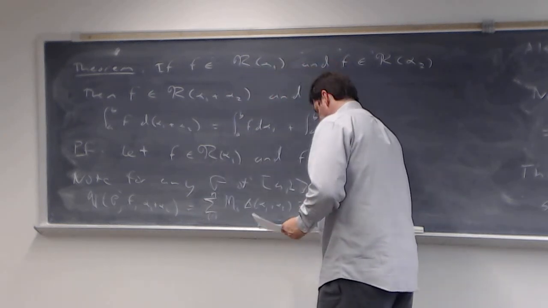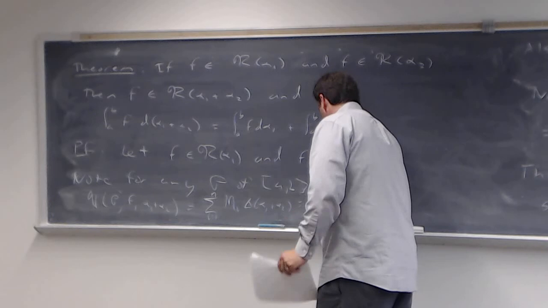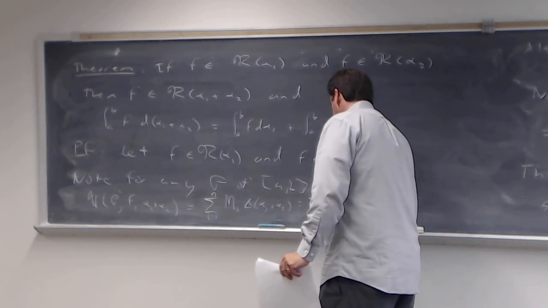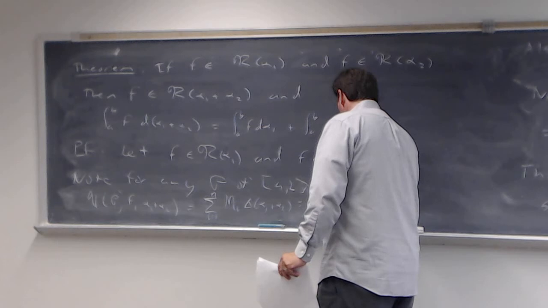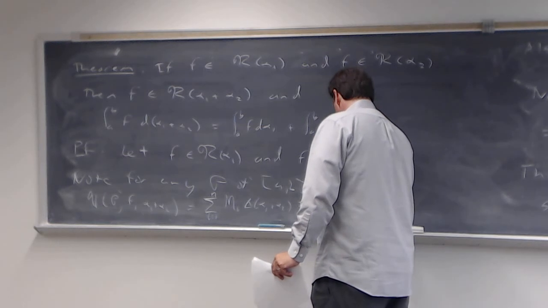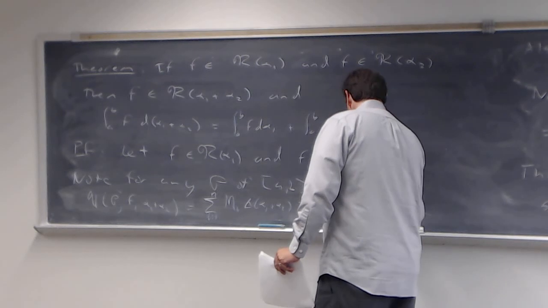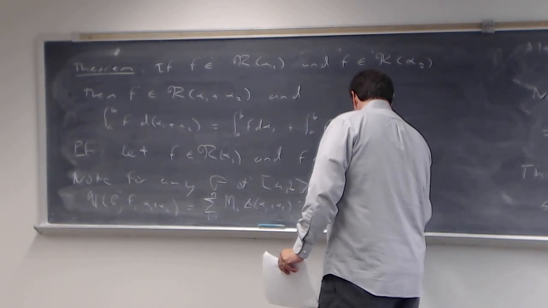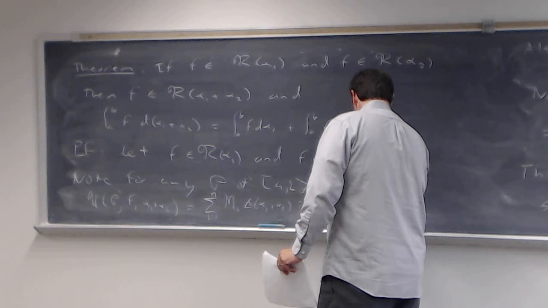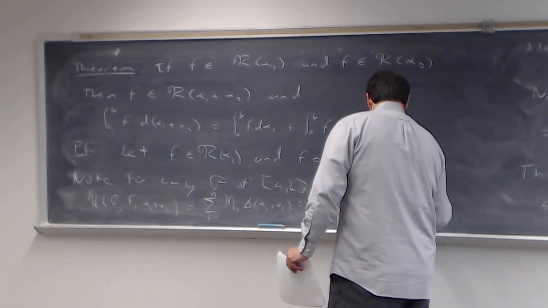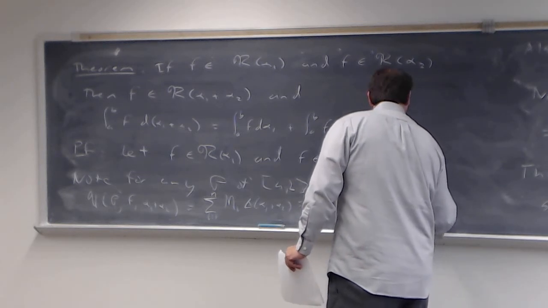What is this going to be? Well, alpha sub 1 plus alpha sub 2 acting on x sub i minus alpha sub 1 plus alpha sub 2 acting on x sub i minus 1.